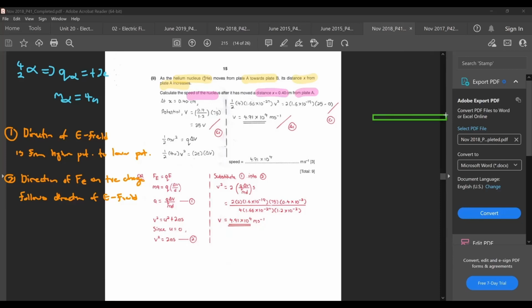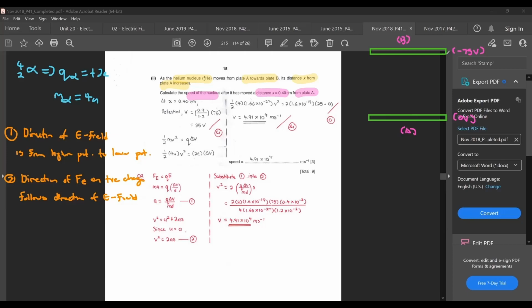Your plate A is here. Your plate B is here. Okay, so this one is A. This one is B. This one was at negative 75 volts. This one was at 0 volts.